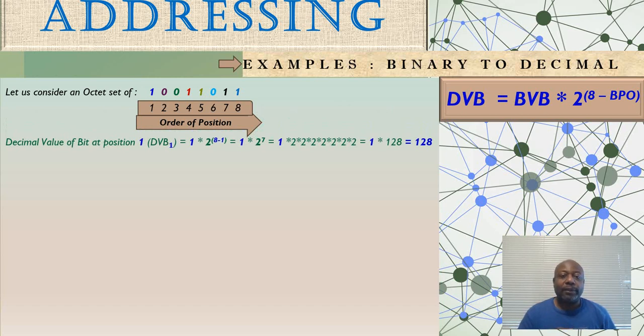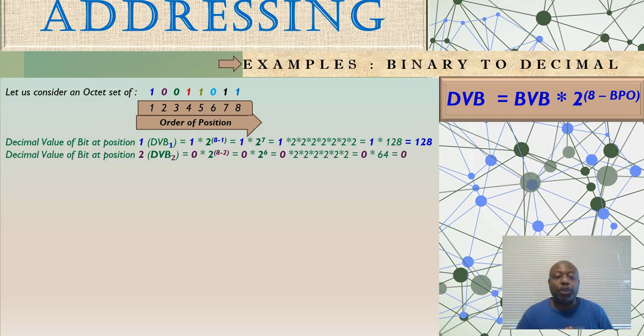It's 1. Its decimal value will be 1 times 2 at the power of 8, which is the size of the octet, minus its position, which is 1. That gives 1 times 2 at the power of 7. And when we do the math, we get 128. Next bit.